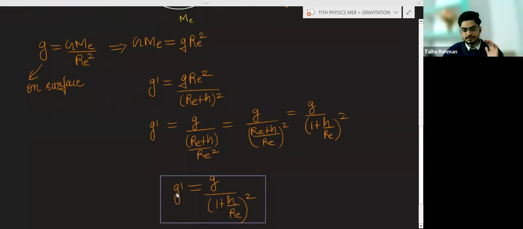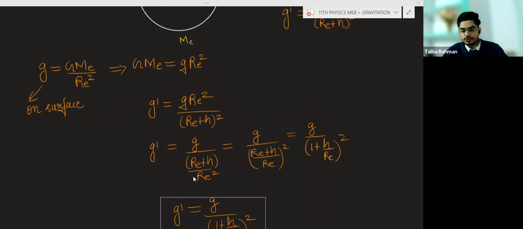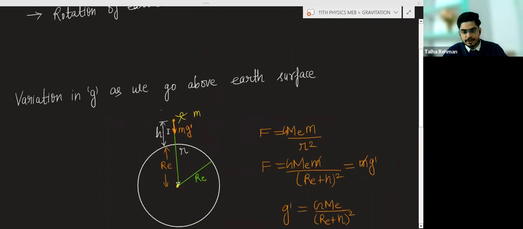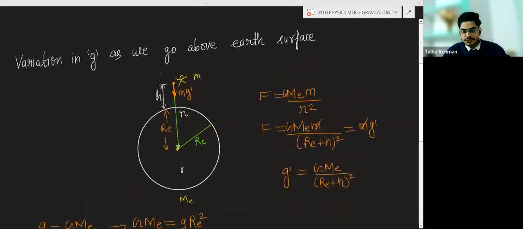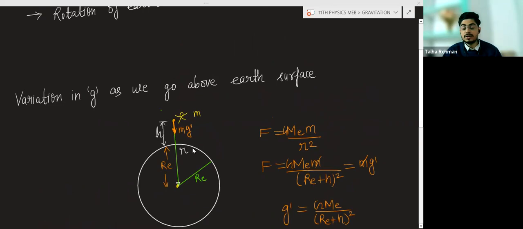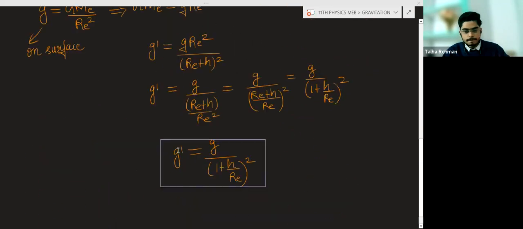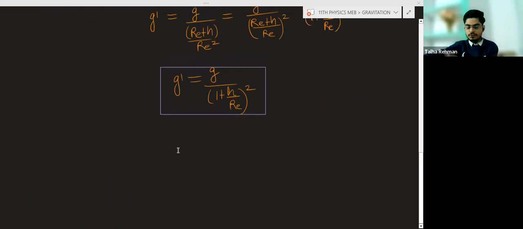G dash is the new value of acceleration due to gravity here, H is the height above the Earth's surface, RE is the radius of the Earth, and G is the acceleration due to gravity on the surface. Now further we will solve it.